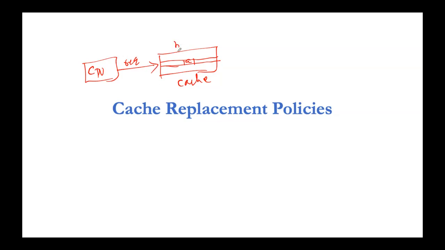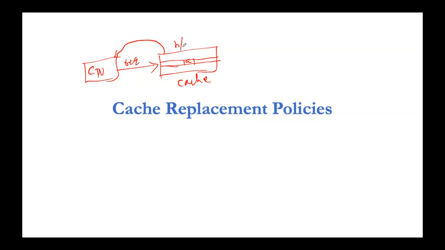When there is a hit, the cache will send a reply, giving the response to the CPU. Upon receiving this response, the CPU performs some computations, and the result will go back and be written into the cache. That happens, right? That we have observed.